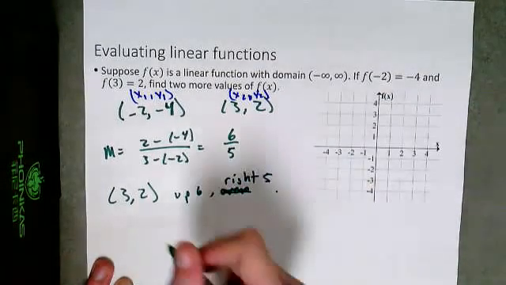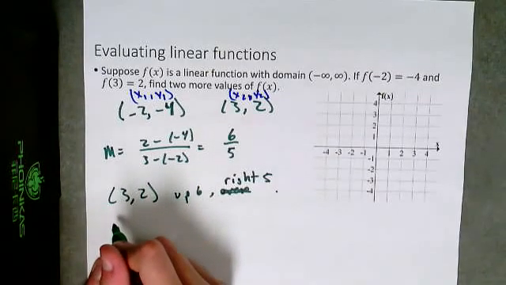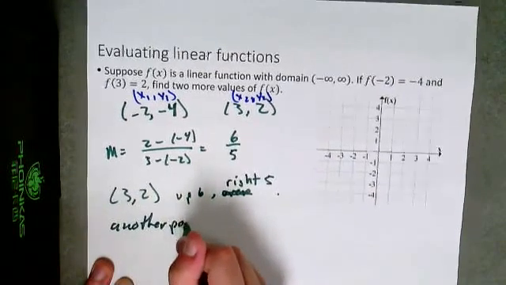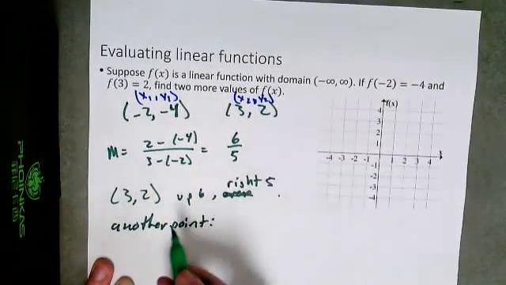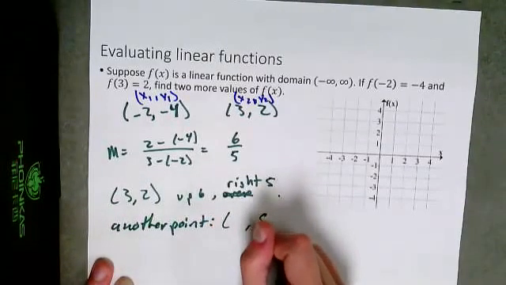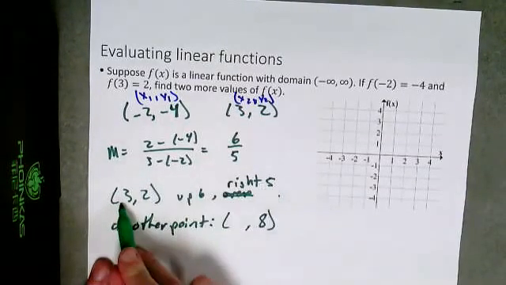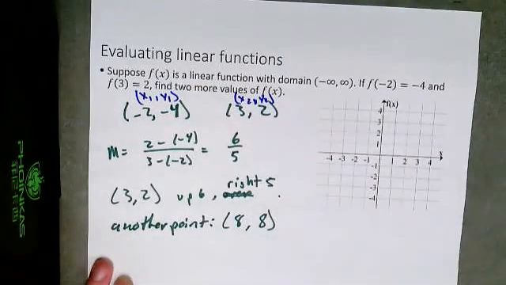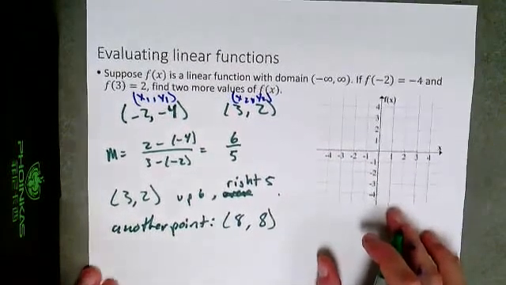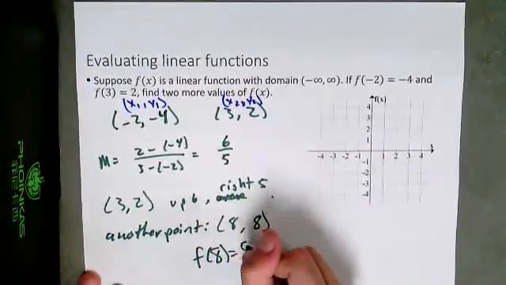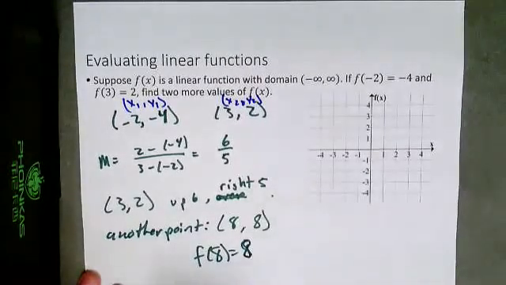So then another point would be, well, up 6, so the y value goes up 6. So that's 8. And then to the right 5, well, if we take 3 and keep going to the right, we get also 8. And that's another point on the graph. Or another way to write that is f of 8 is equal to 8, which is another point on the function.